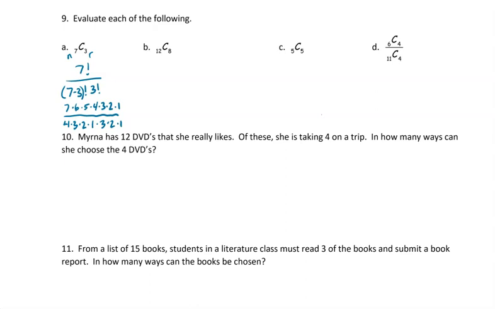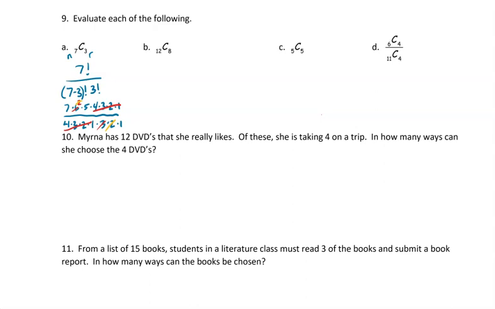And then we're just going to cancel anything we can. So 4, 3, 2, 1 cancels out in top and bottom. But we can also cancel a little bit more. The 6 and 3 can both be divided by 3. That would leave us with a 2 up there. But then the 2 and the 2 can cancel.